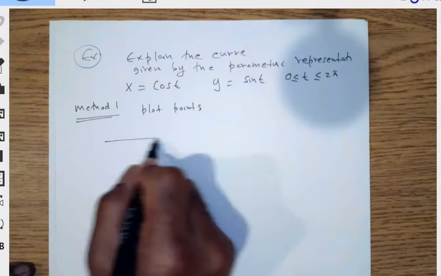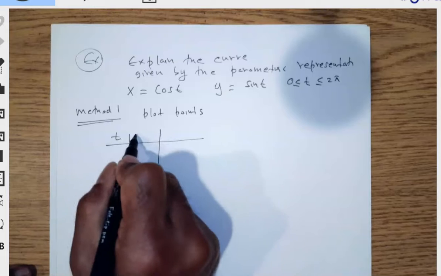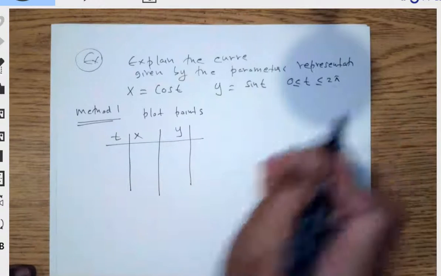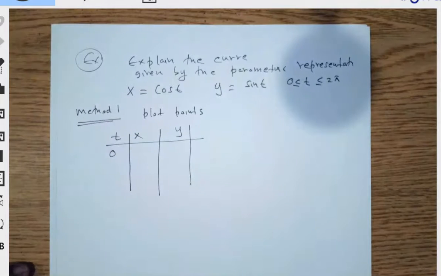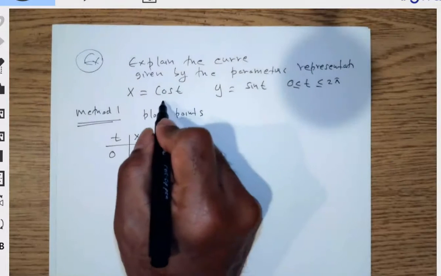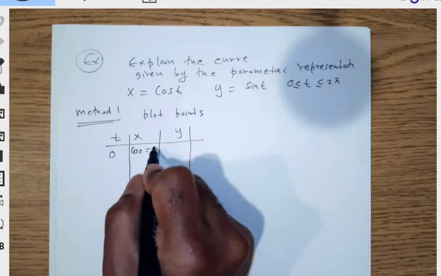Okay, so let's say we want to put some values for t, and then we get x, and then we get y. We start with the value t equals 0. So x is cosine 0, which is known to be 1.